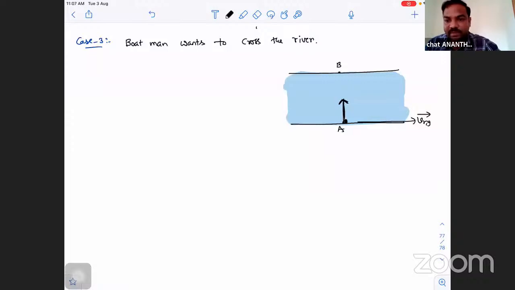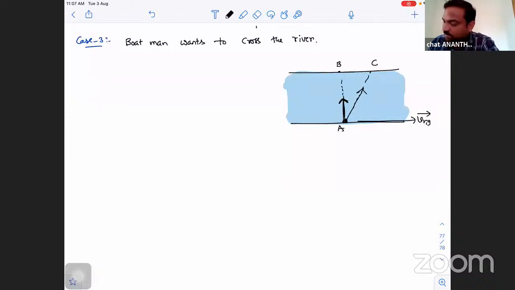But because of river velocity, the river will push the boat in rightward direction. Then ultimately he will reach some other point, C. So A to C is the path seen by the person on the ground, but A to B is the path assumed by the person inside the boat.